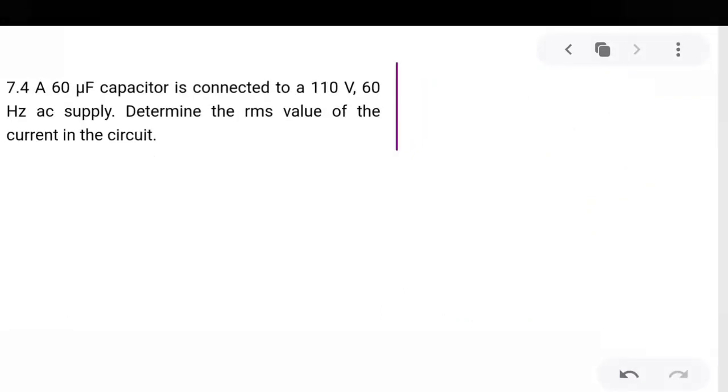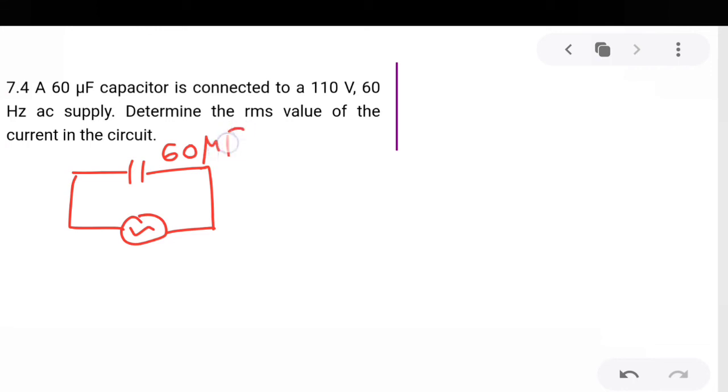So next is question number 7.4. Here you have a capacitor connected to an AC source. Capacitance is given, it is 60 microfarad, and voltage is 110 volt, 60 hertz. Don't forget that this is the RMS voltage, and we have to find the RMS value of current.